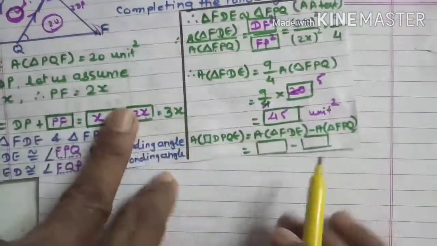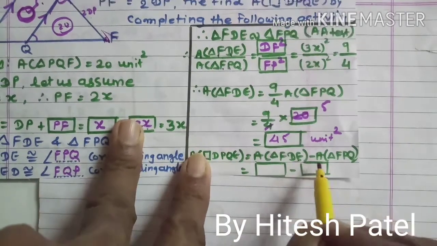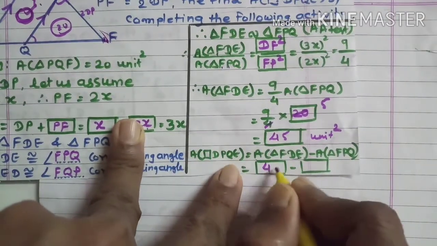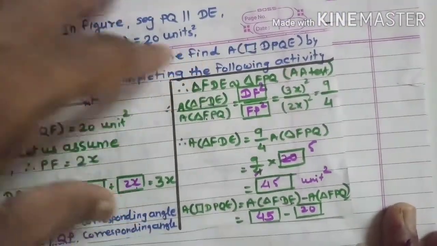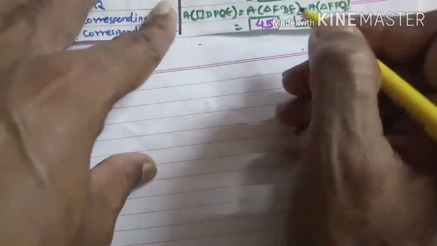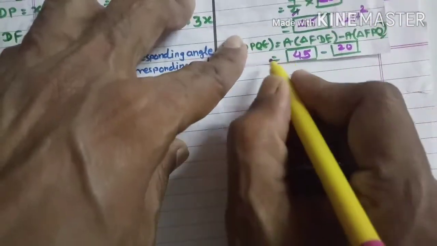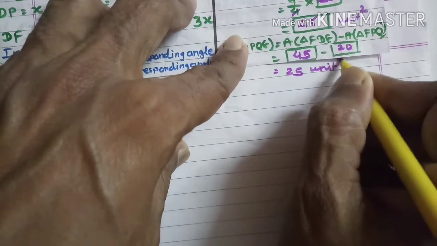So here they have given already area of triangle FDE, so bigger triangle minus smaller triangle. The area of bigger triangle is 45, smaller one is given 20. Okay, 45 minus 20 is equal to how much? It is just 25 unit square. So is equal to 25 unit square.